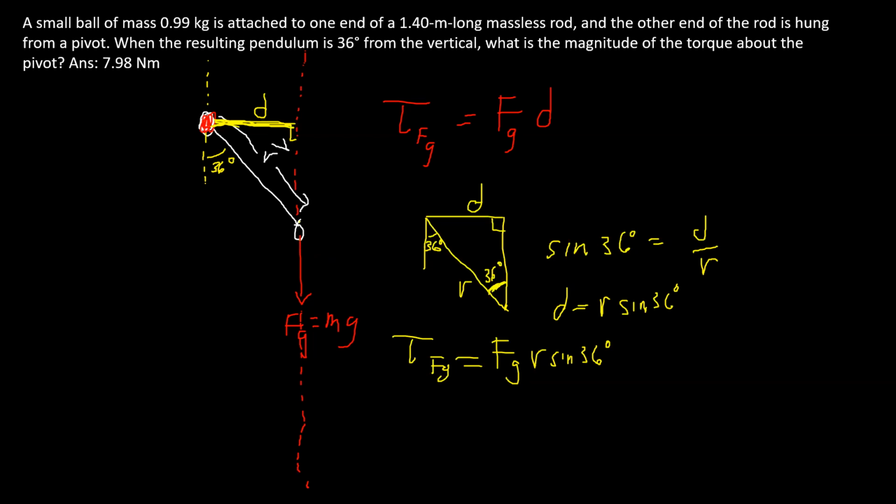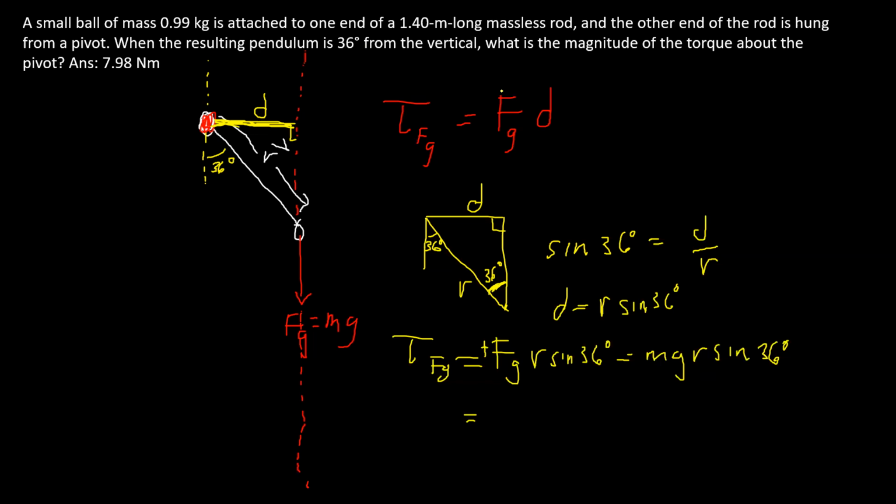This pendulum will definitely swing counterclockwise, so this torque is positive: mg R sine 36. All we need to do now is substitute values. M is 0.89, g is 9.8 or 9.81, R is 1.4 meters, sine 36. Let me see if we got the correct answer.